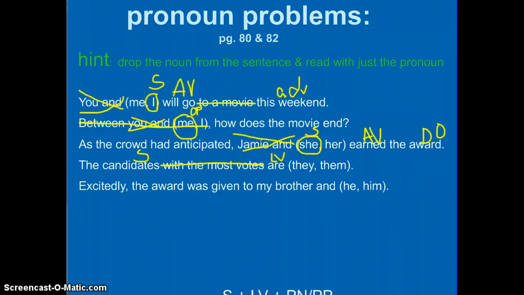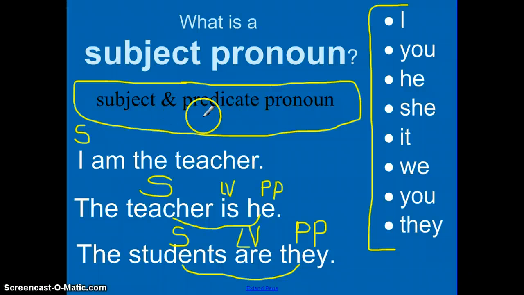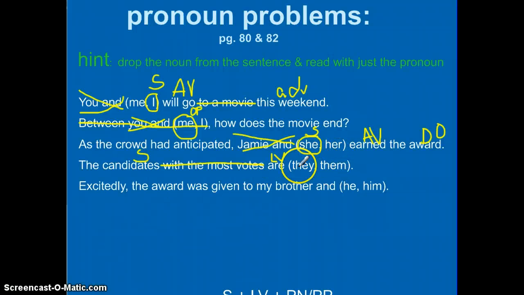And so we don't have a predicate noun, but we have a predicate pronoun. So the word that I substitute in there has to be on this list, and that word is they. And it's doing the job of predicate pronoun. Now another hint with this, if you're looking with a linking verb, is try switching the sentence around. Instead of saying the candidates are they, say they are the candidates.